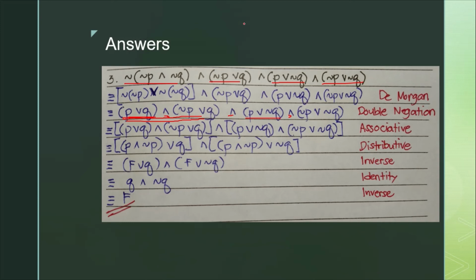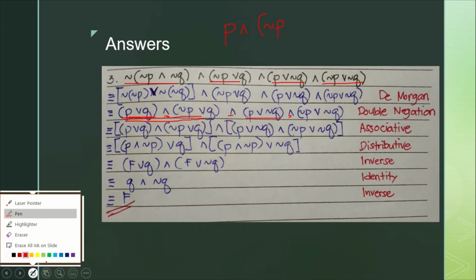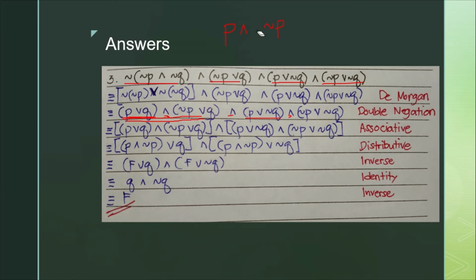If we recall, we have here P or not P. We'll just follow the form in the laws earlier and combine them. How did I use the distributive law?